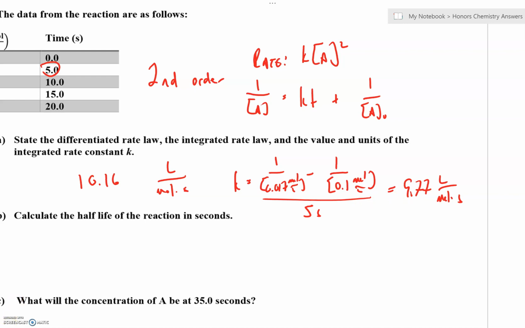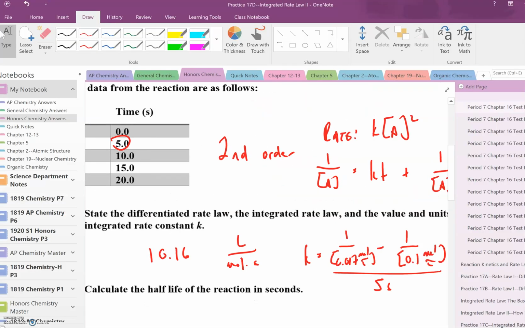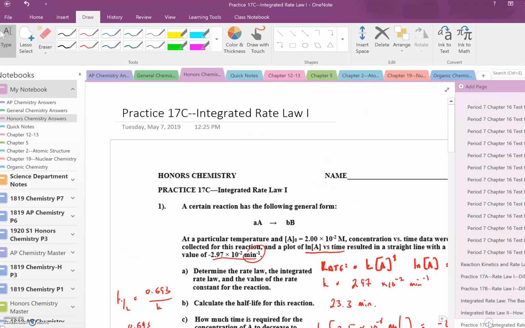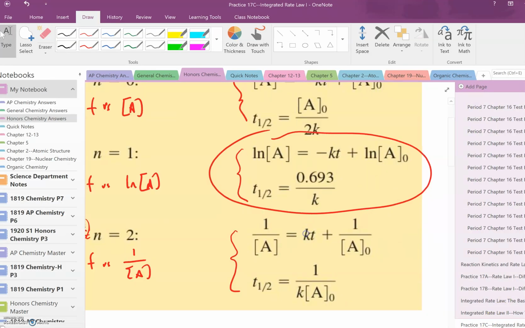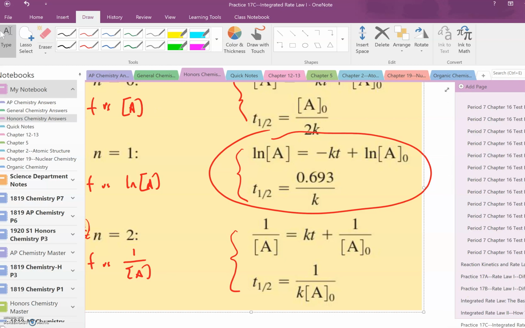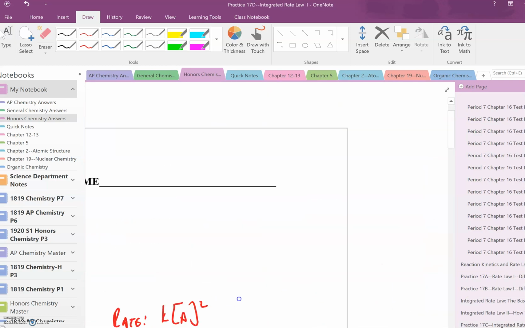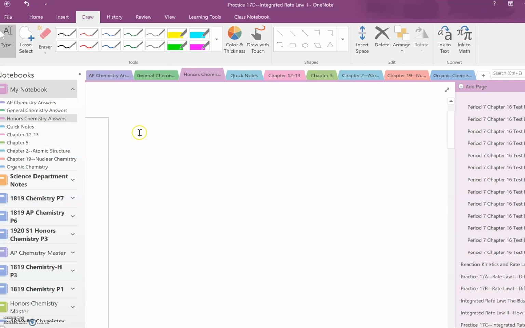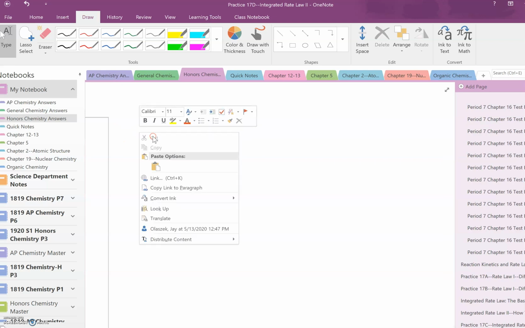Okay, now a good idea to keep all this stuff straight is to take this list of equations, copy it, and bring it here so that we have it, because it's a good idea to reference these if you don't have them all committed to memory.